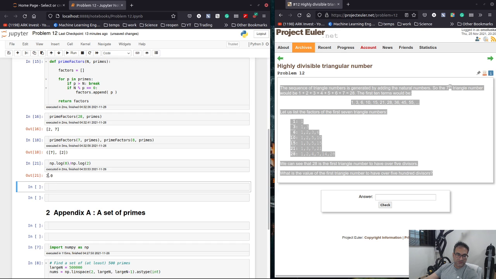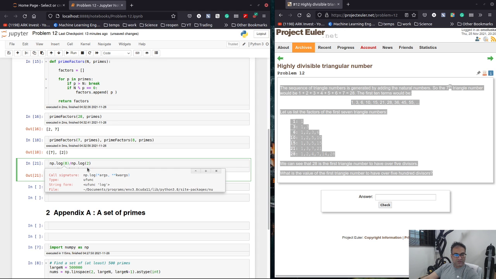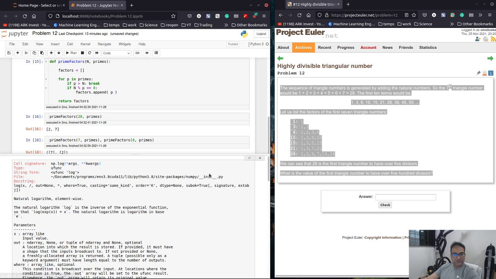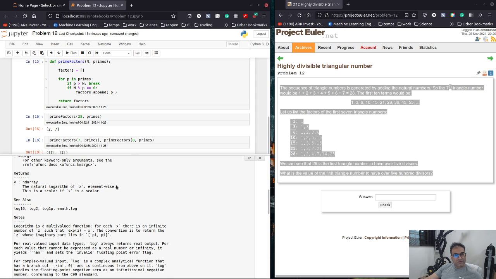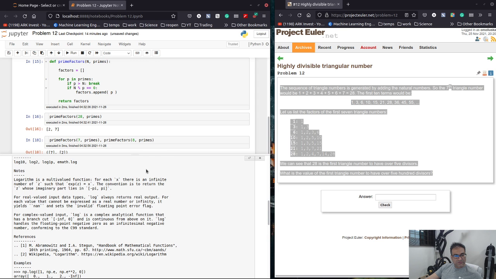I want to see whether you can directly pass the base. The natural log of x, log 2, log 1p, math log.